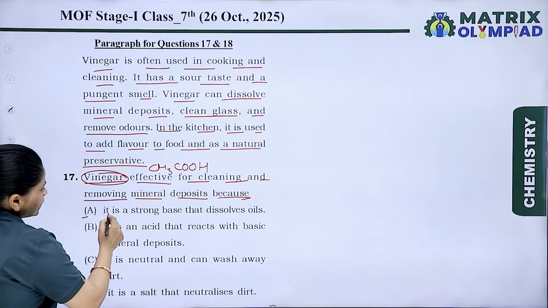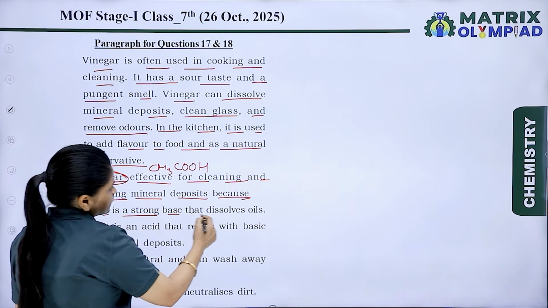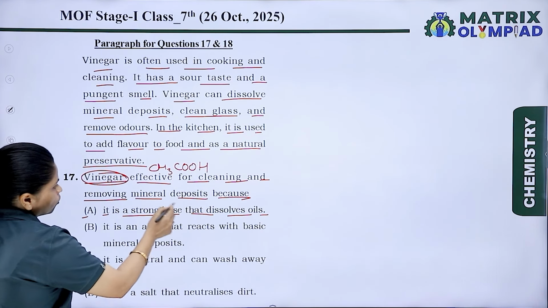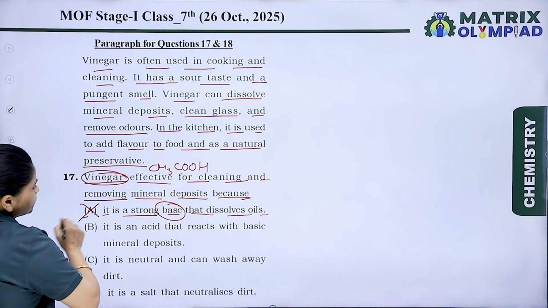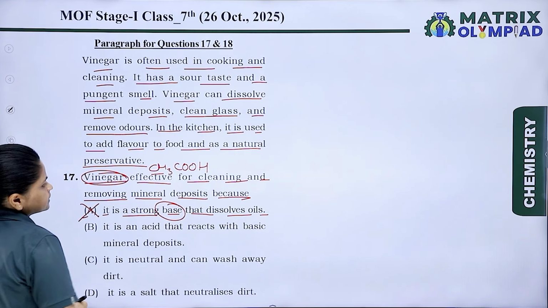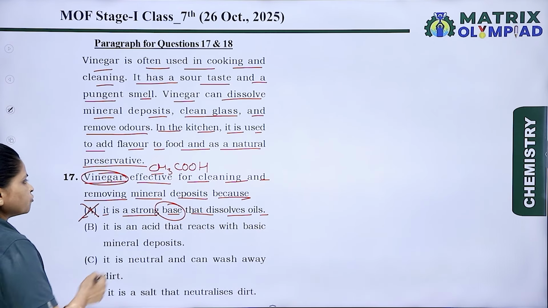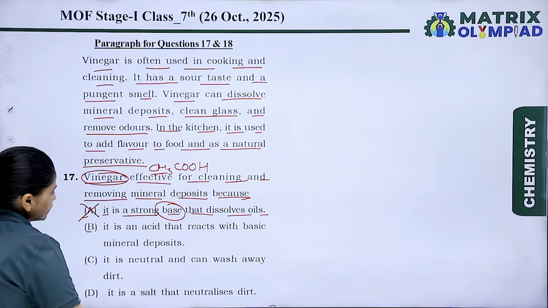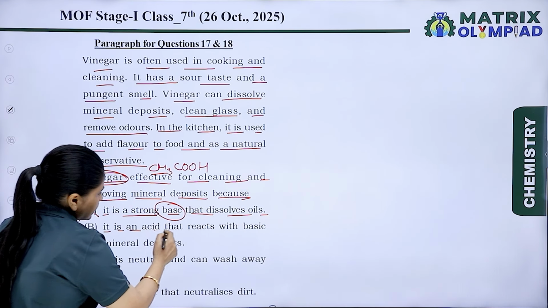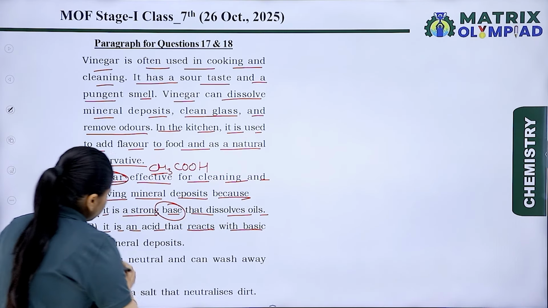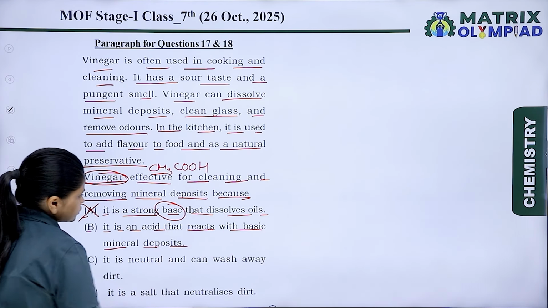A. It is a strong base that dissolves oils. No, this is wrong because acetic acid is not a strong base but a weak acid. B. It is an acid that reacts with basic mineral deposits.